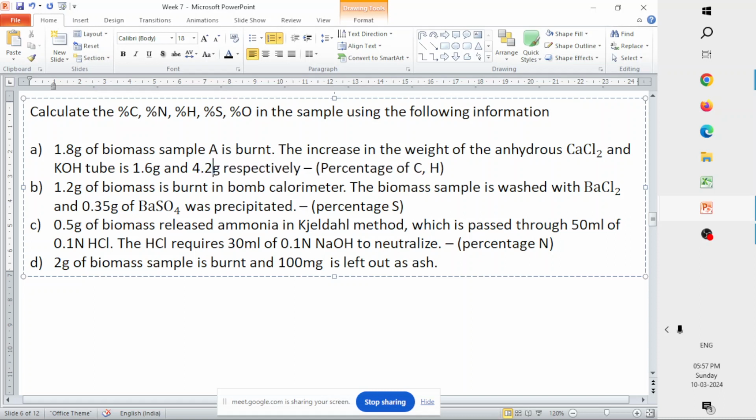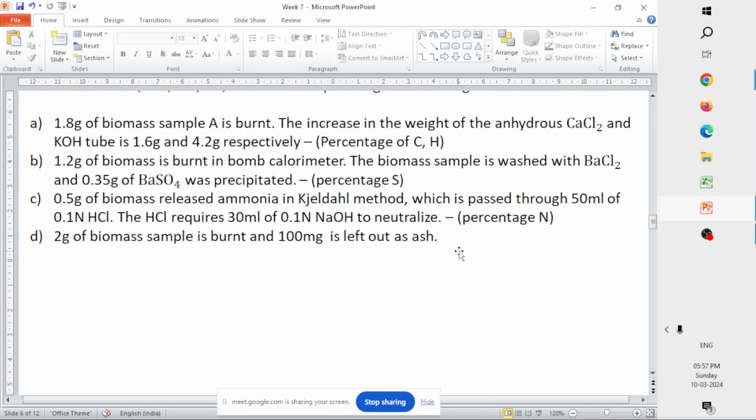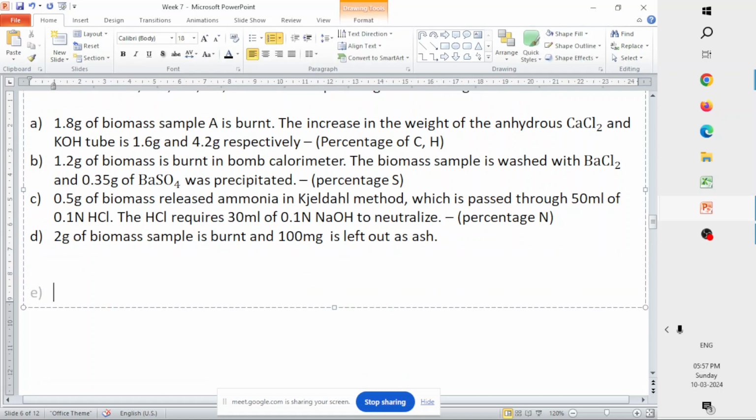Yeah. So let's just start calculating. You can also calculate with me if you have a pen and paper. So first, we are going to see the percentage of carbon that will be present in your biomass sample.